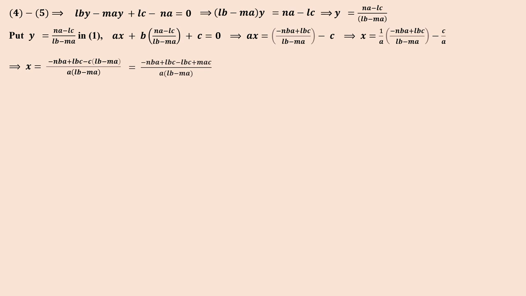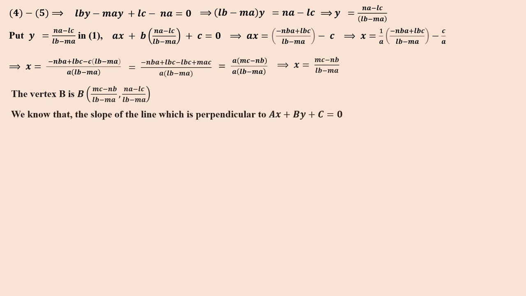Here LBC minus LBC get cancelled, so take A outside from the numerator, then the remaining term is A into (MC minus NB) by A into (LB minus MA). A and A get cancelled, X is equal to (MC minus NB) by (LB minus MA). So the vertex B has X coordinate (MC minus NB) by (LB minus MA) and Y coordinate (NA minus LC) by (LB minus MA).